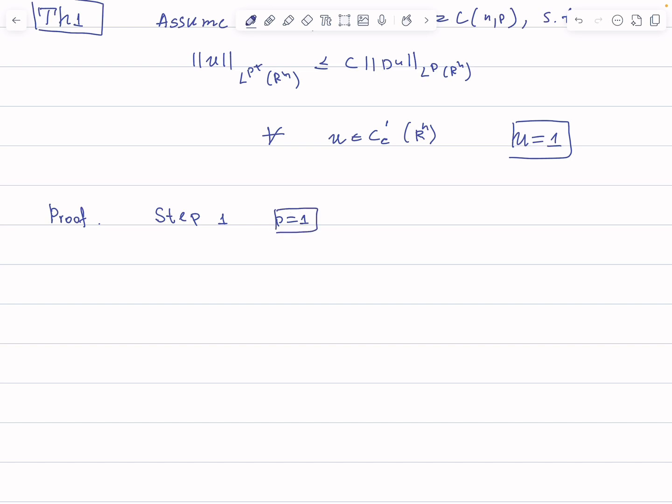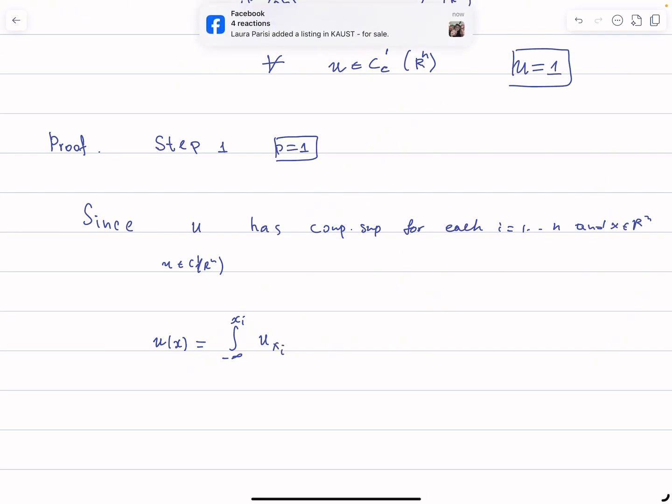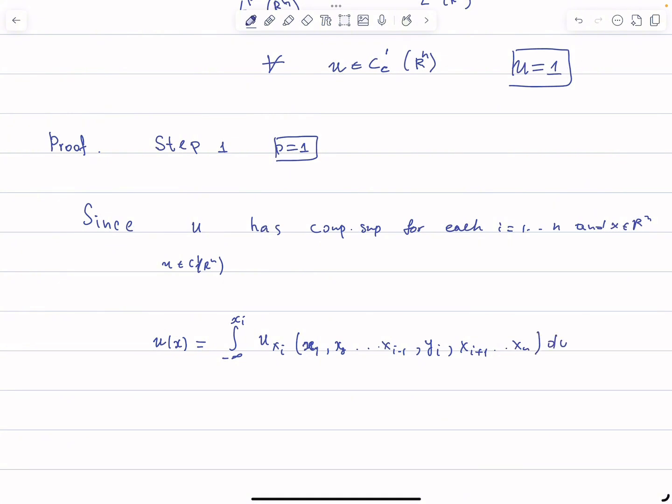For p equal to 1, since we know u has compact support, for each i from 1 to n and x in Rn, and also u is C1, using the fundamental theorem of calculus we can write u(x) is equal to the integral from minus infinity to xi of the derivative with respect to the i-th component, u(x1, x2, ..., xi minus 1, but here we should change variable to yi, xi plus 1, ..., xn) dyi.